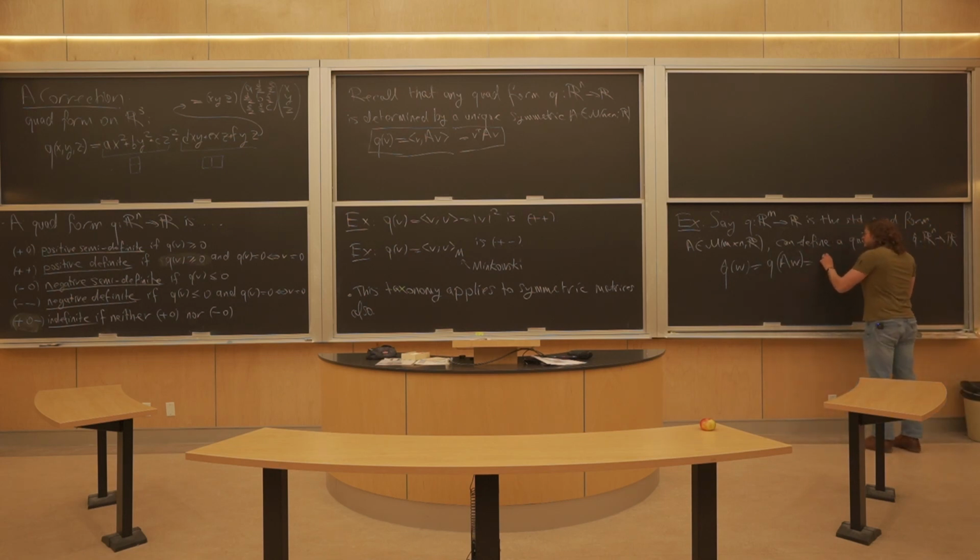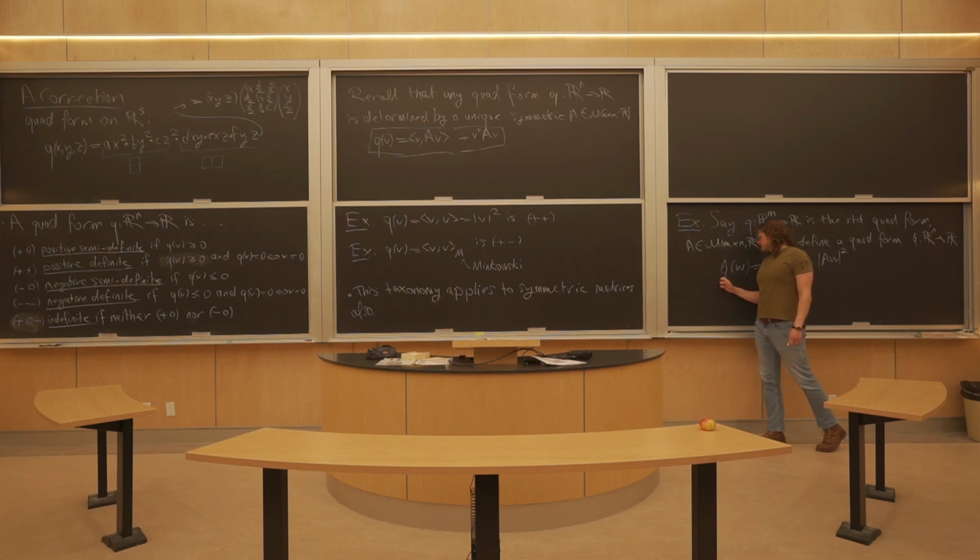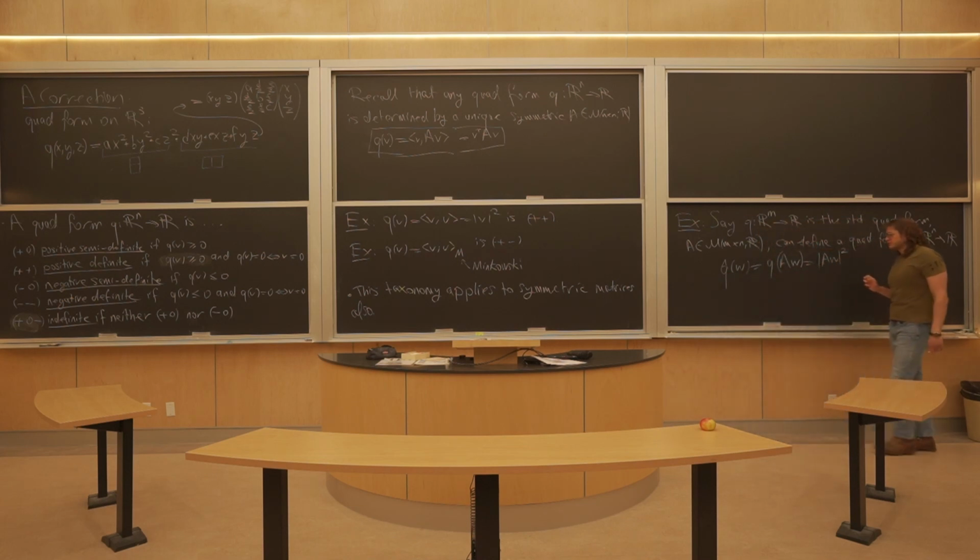So this would be nothing but A of V norm squared. Maybe I should ask this. In order for this to be a quadratic form, there should be a symmetric matrix corresponding to it. What is the symmetric matrix here?